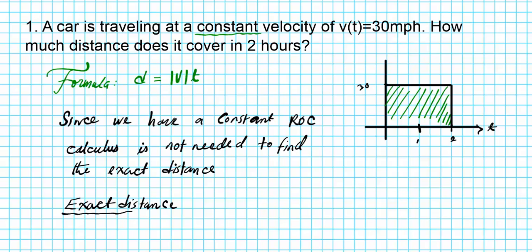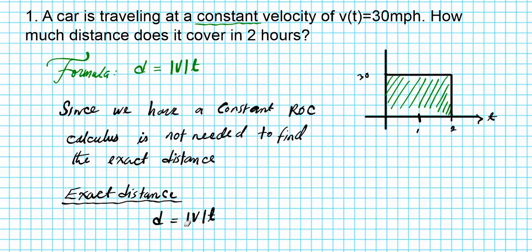All right. So we are using the formula D equals absolute value of V times T. The reason why I'm putting the absolute value here is because velocity is a vector, and when we're calculating distances, the sign is immaterial, okay? So the distance is going to be the absolute value of the velocity, 30, times the time, which is 2.